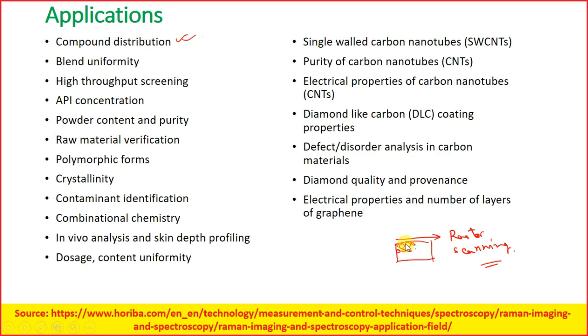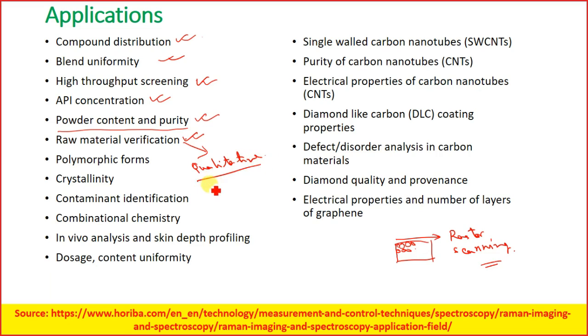Then you can look for the blend uniformity from the intensity of your Raman scatters. Then you can go for high throughput screening. Then we can go for the powder content and the purity of some of the samples. Then raw material verification. It is a qualitative method.